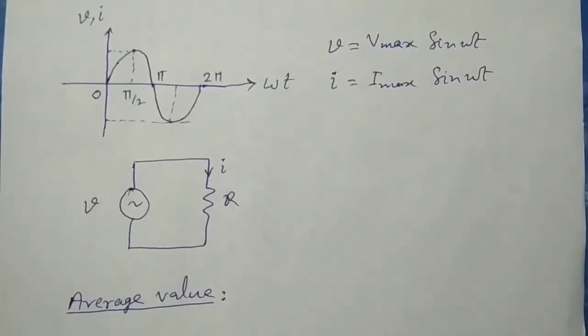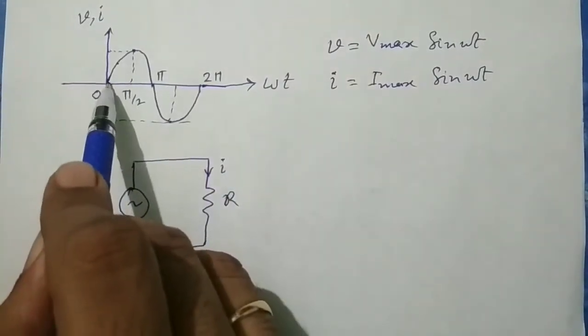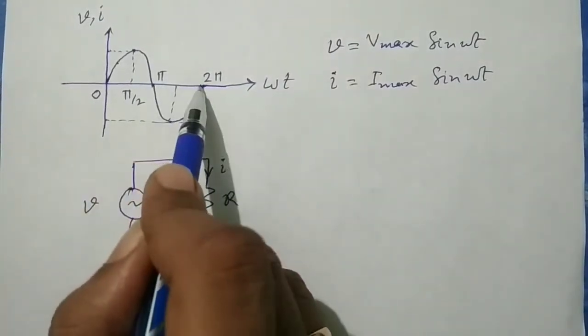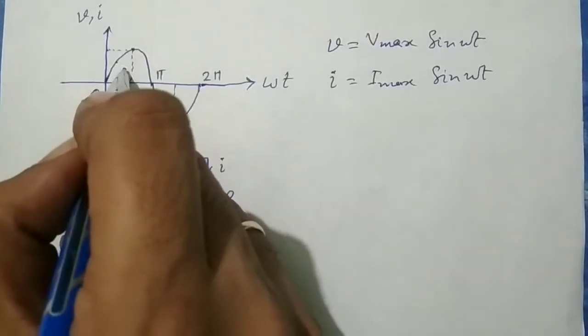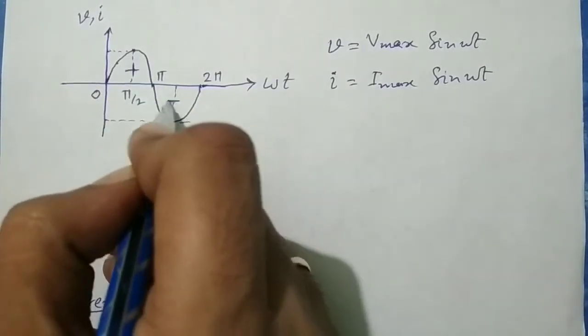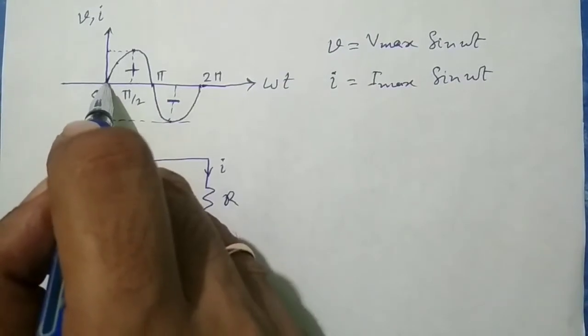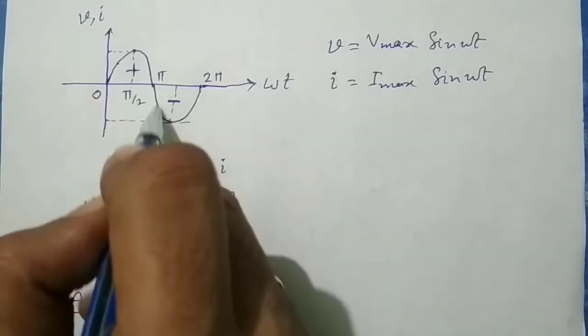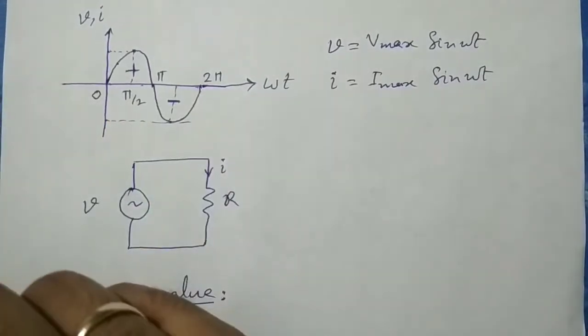But here you can see that this is a symmetrical waveform because its positive and negative half cycles are exactly identical. Therefore, if we calculate the average over a complete cycle, the net average value will be equal to 0.